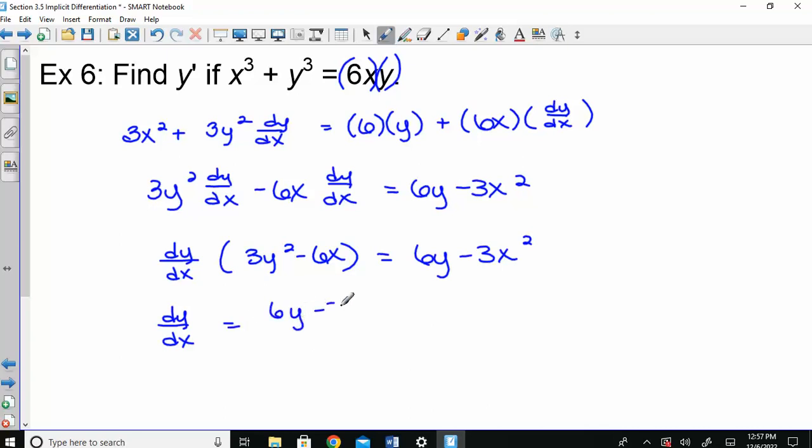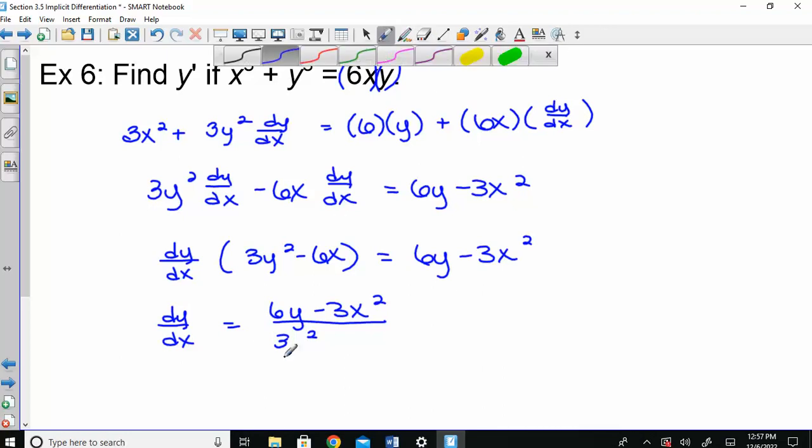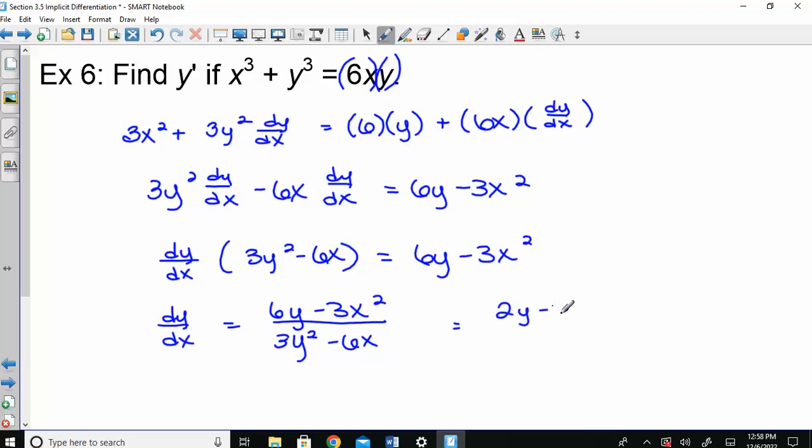And divide. Always double check to see is there any simplification we can do. You can take that for 5. Mm-hmm.